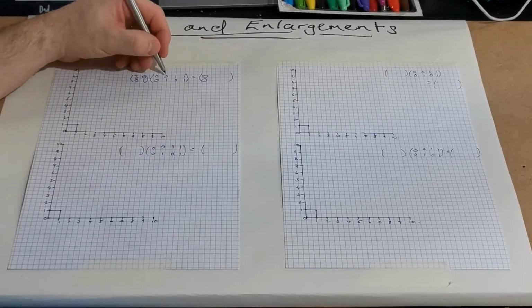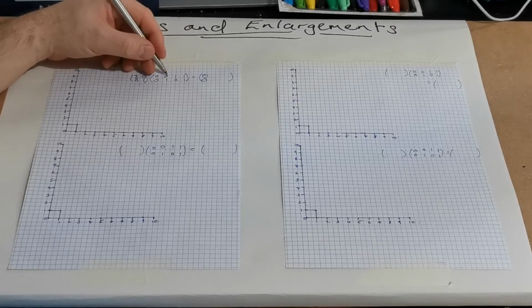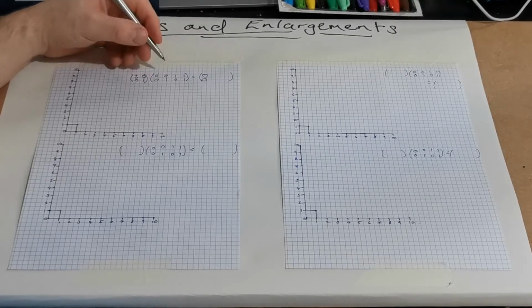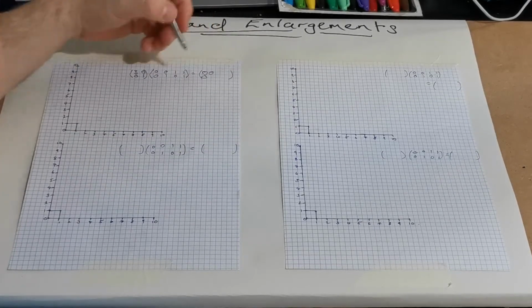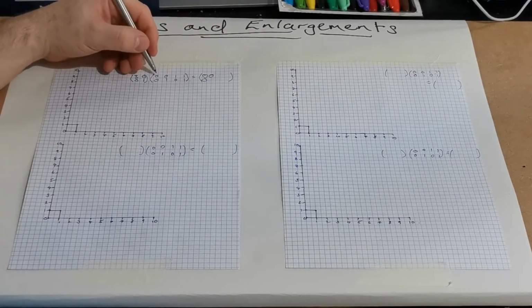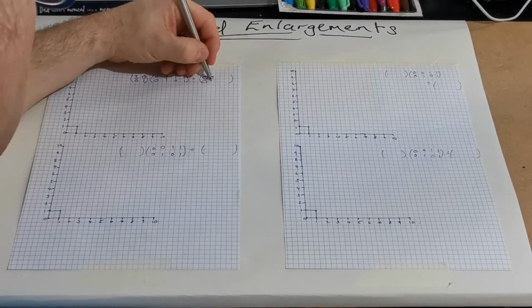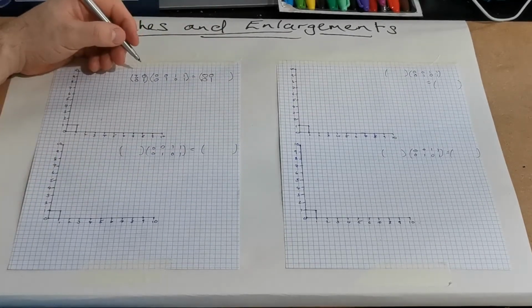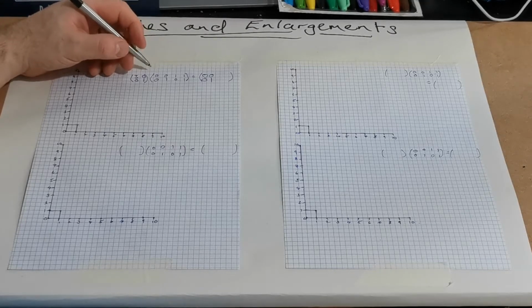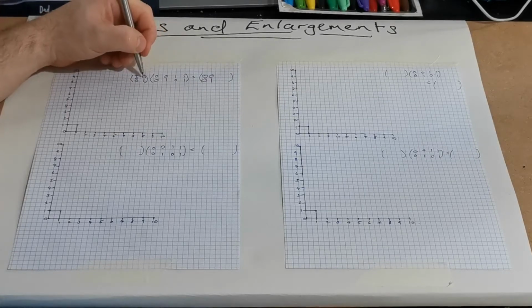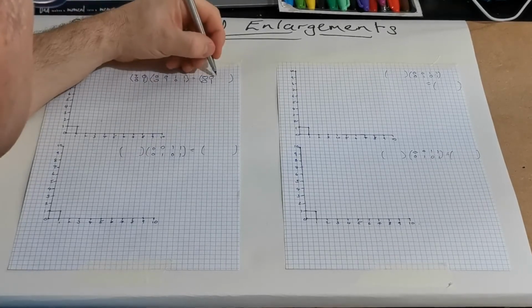Now if I take the point 0, 1, 3 times 0, 0 times 1 goes to 0, that stays the same. And 0 times 0 is 0, 1 times 1 is 1. So that one has stayed the same too. Now if I'm looking at the next one, I've got 3 times 1 and 0 times 0, so that's 3.